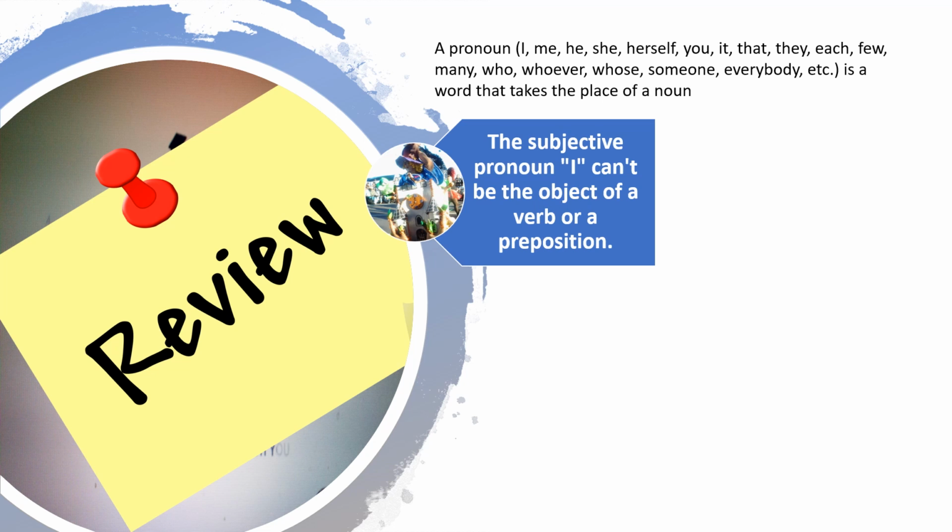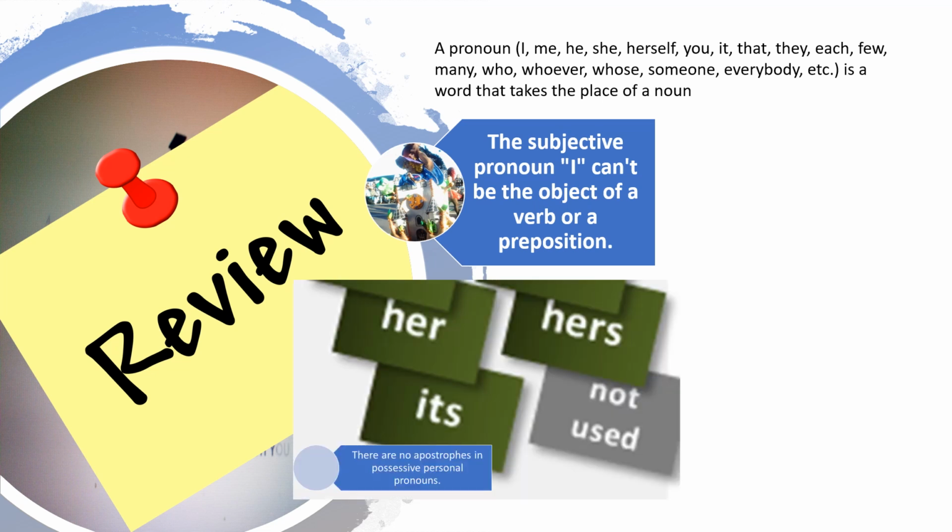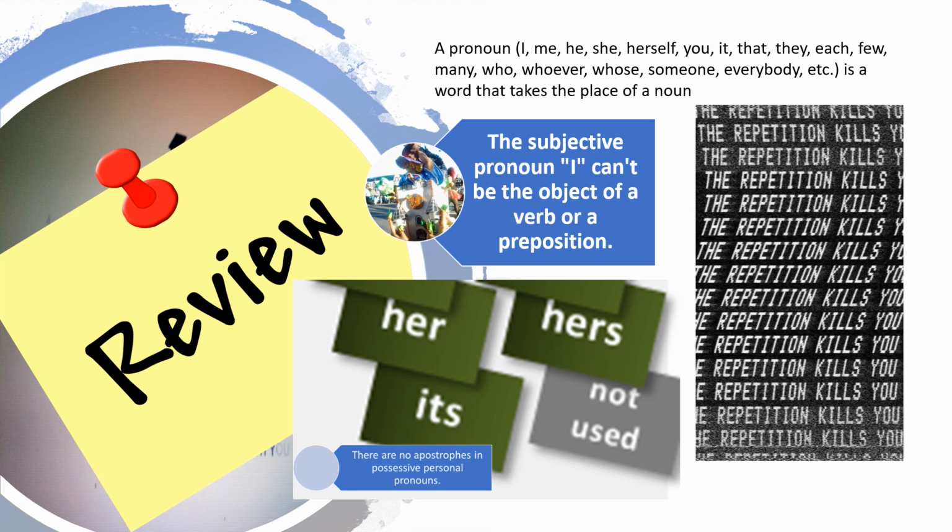It has to be the subject of the verb. And there's no apostrophes in possessive personal pronouns. And think about when you're writing, avoid repetition. Try and make your writing flow. Think about the use of all the different words that you could move about in your sentence so that you create a much better sentence than your first thought.